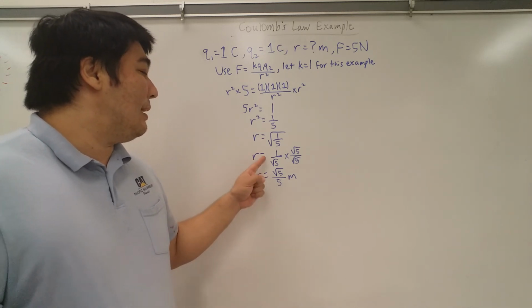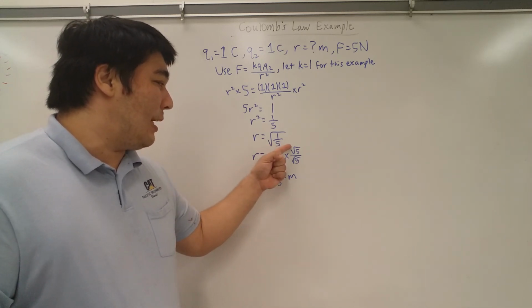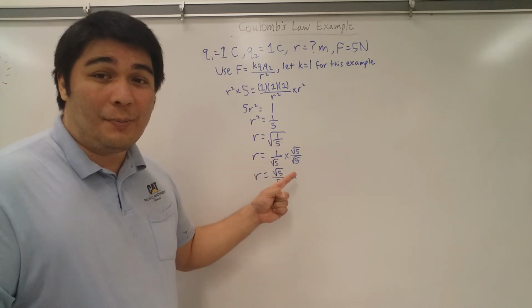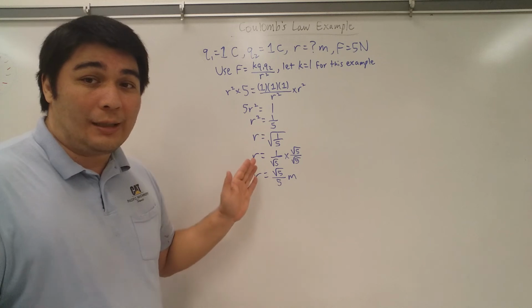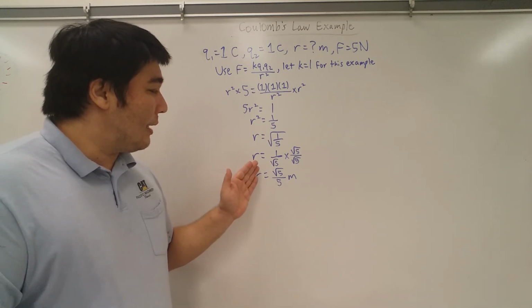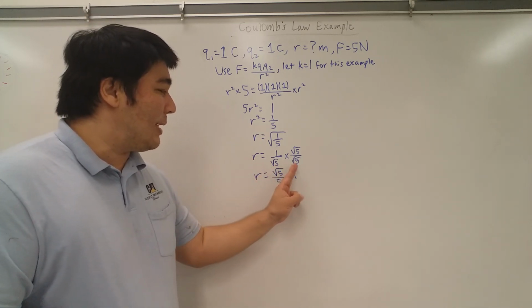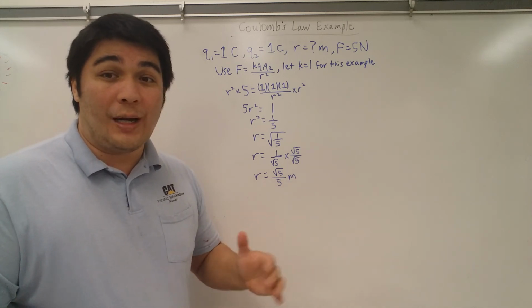So in this case, what I do is I multiply by radical 5 over radical 5, or square root of 5 over square root of 5. So I'm multiplying by 1. I don't have to multiply both sides of the equation to do anything. And so now what I've got is square root of 5 times square root of 5, or square root of 5 squared.